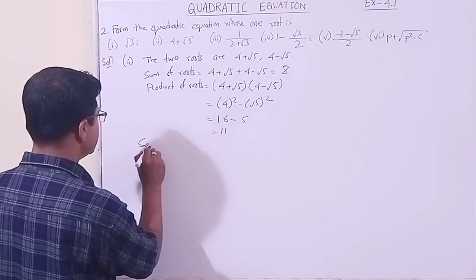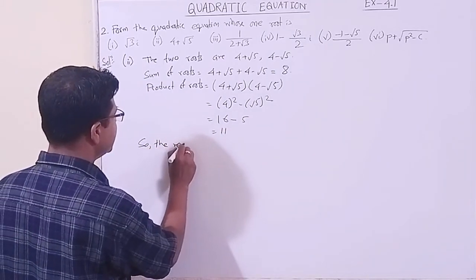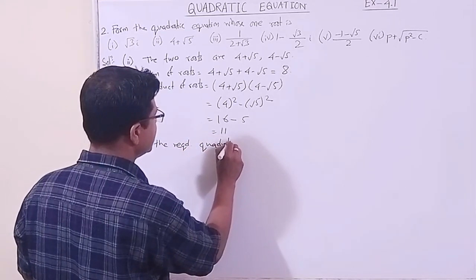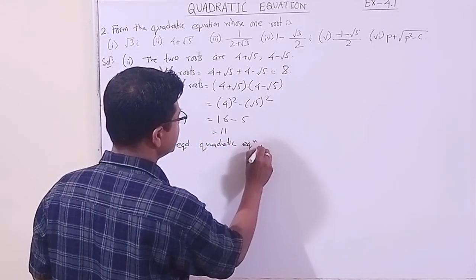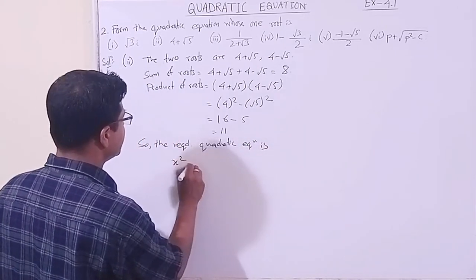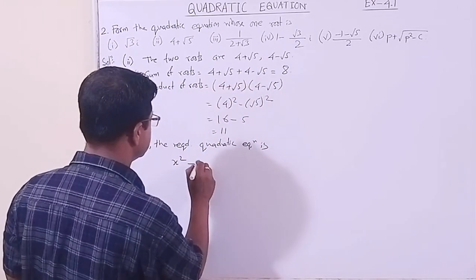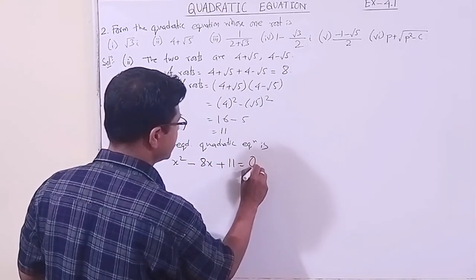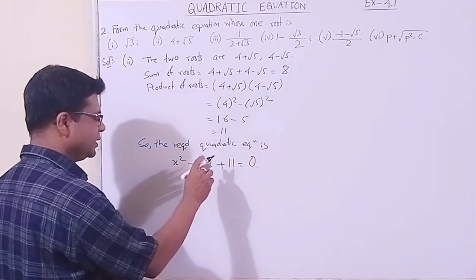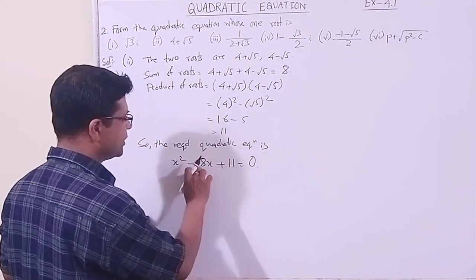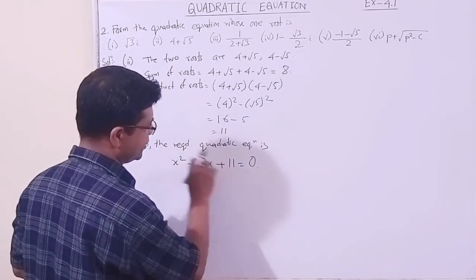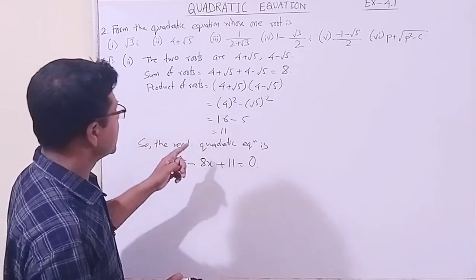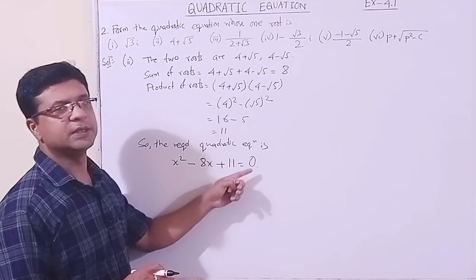So the required quadratic equation is x square minus sum of roots into x plus product of the roots. So the required quadratic equation is, in this case, x square minus 8x plus 11 is equal to 0.